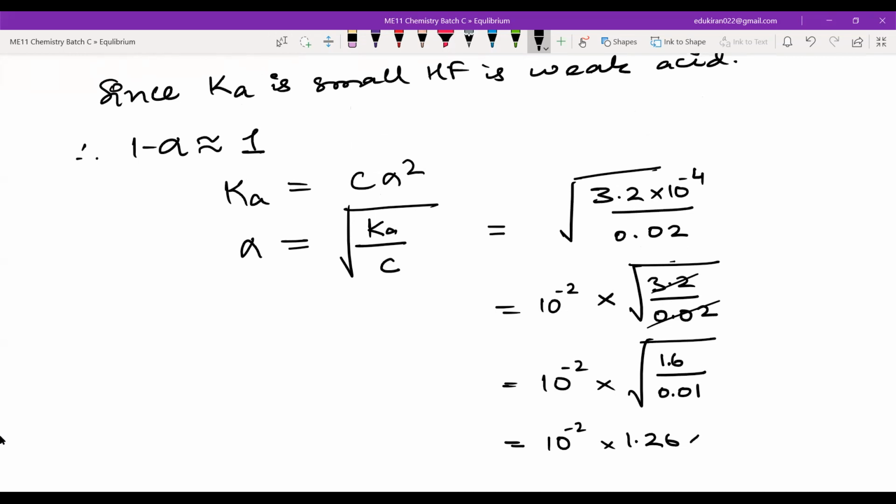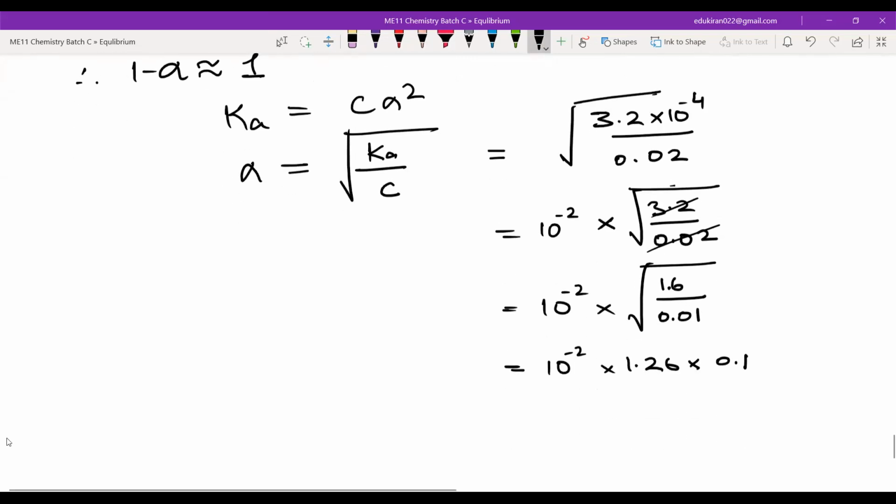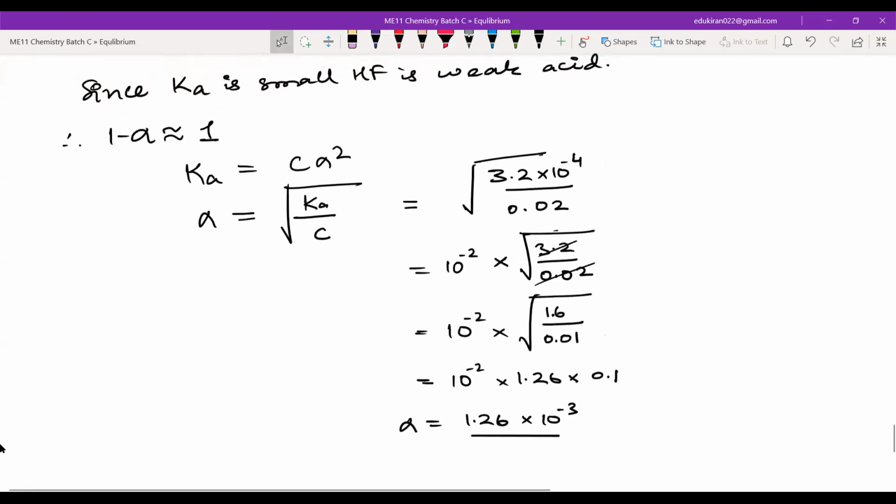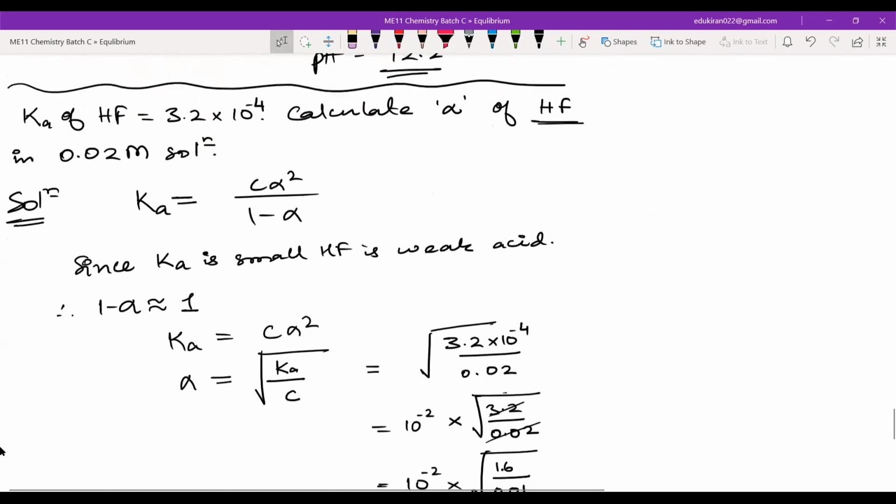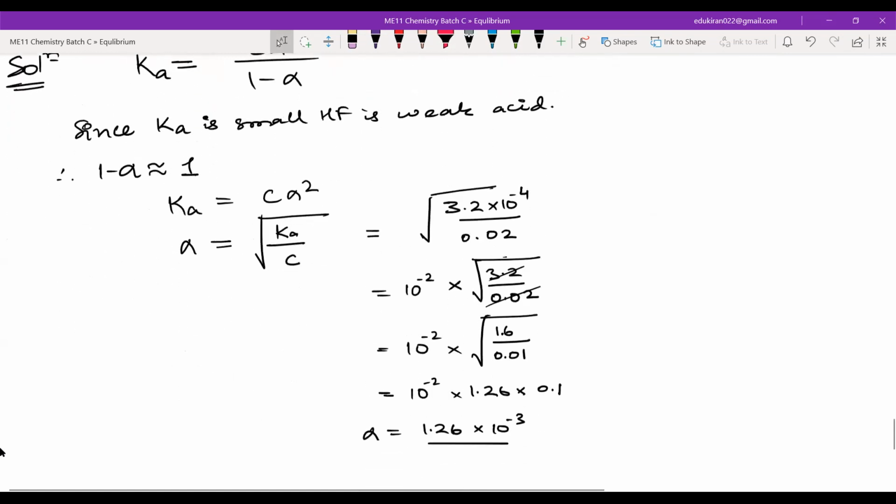And under root of 0.01 is 0.1. Yes, correct. So you can see this is equal to 1.26 into 10 to the power of minus 3. Right. So this is the alpha. So alpha questions are going to be easy because you can directly write this and then you can calculate the alpha. Okay. So this is it for today.